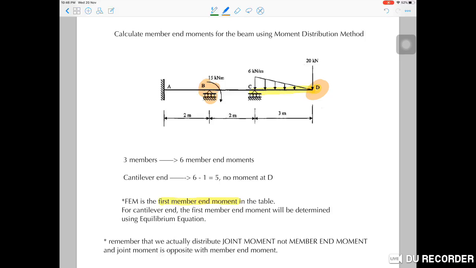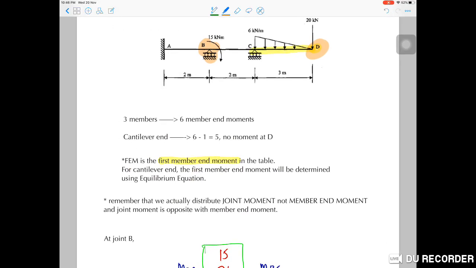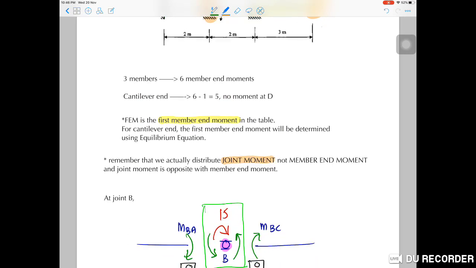In the table, please remember that the process we actually do to determine the moment value at distribution level is we distribute joint moment, not member end moment, and joint moment is opposite to member end moment.